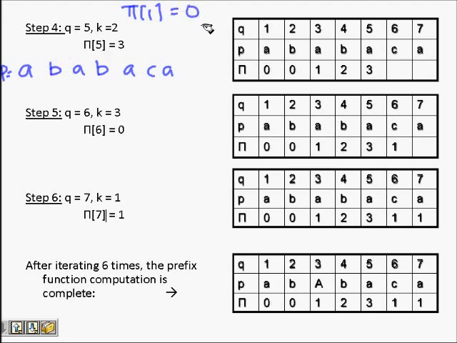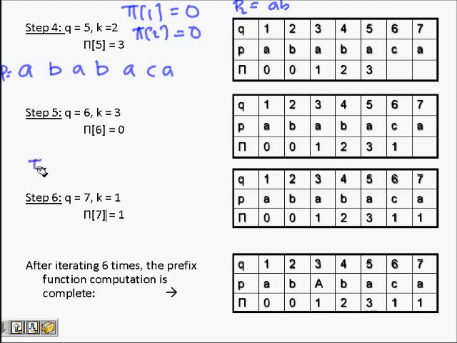Because you should have a prefix which is a proper suffix. Pi of 2: p2 is ab, and the length 1 prefix a is not a suffix of p2, and ab is a suffix of ab, but it's not a proper suffix. So pi 2 is 0.